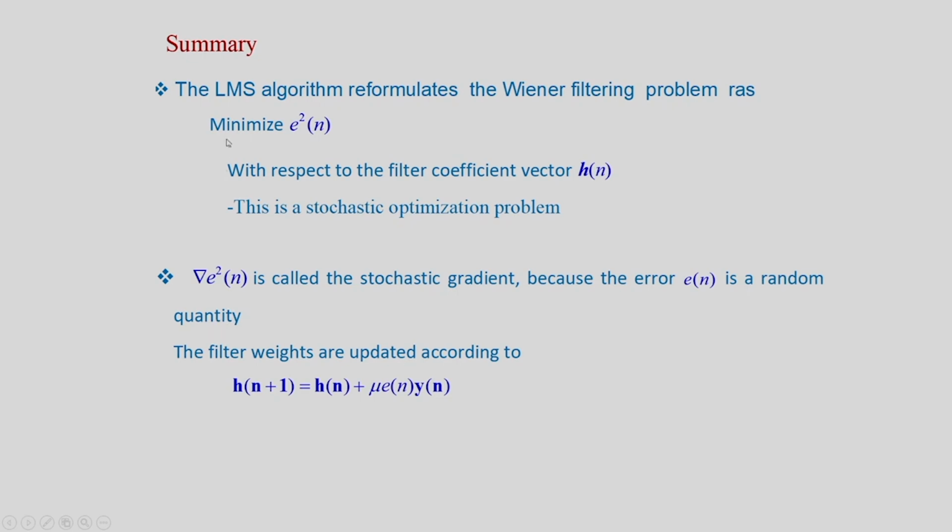Let us summarize the lecture. The LMS algorithm reformulates the Wiener filtering problem as minimize e square n. Instead of E of e square n, it is minimize e square n with respect to the filter coefficient vector h of n. So this is a stochastic optimization problem.